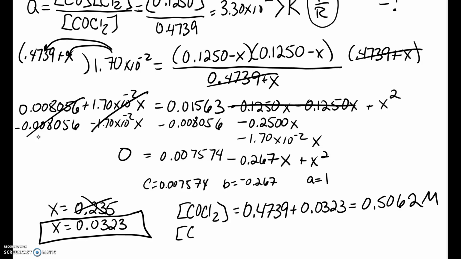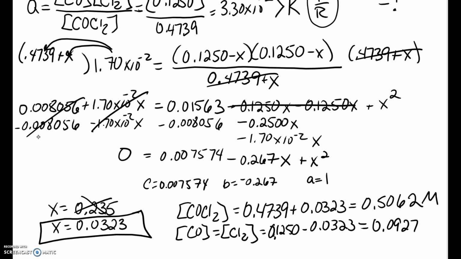And our CO and Cl2 are both the same, and they are 0.0927. Okay, I just wanted to write down what it was. So 0.1250 minus 0.0323 equals 0.0927 molar. So those are our three answers, because these are both the same.